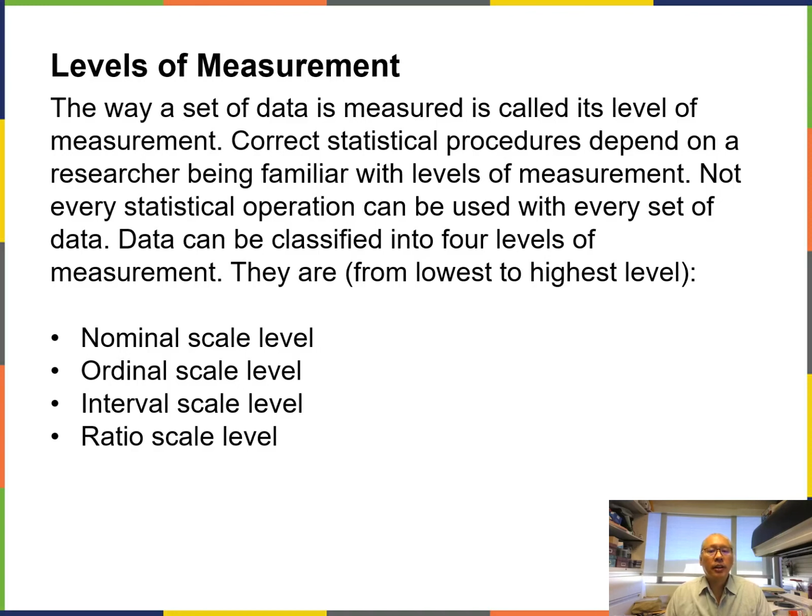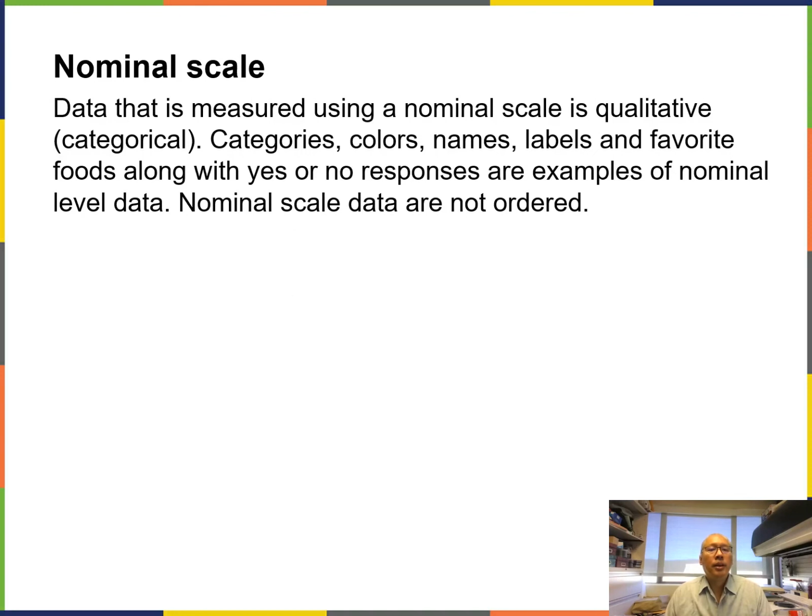Let's first take a look at the nominal type of data. A nominal data is essentially categorical. So it's a qualitative type of data, and another important aspect of this is generally you're not able to put this in some sort of significant statistical order.